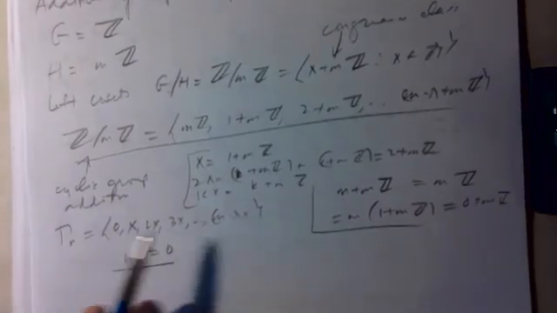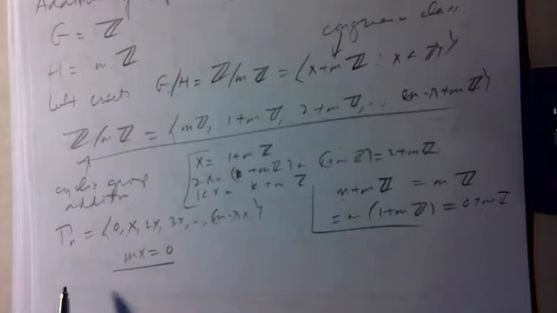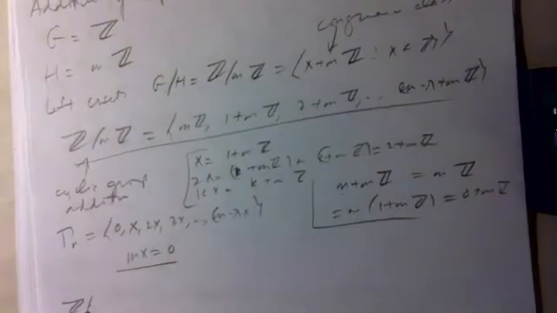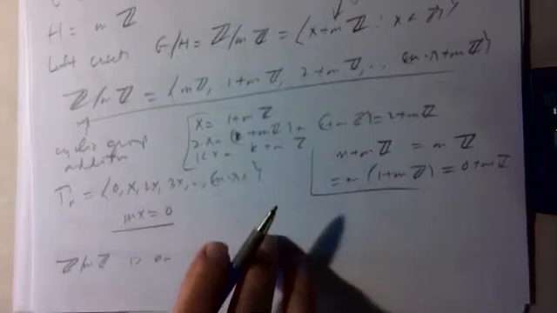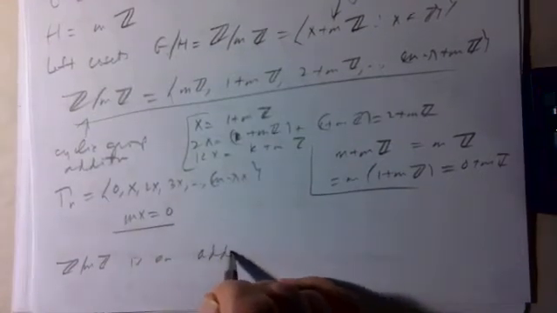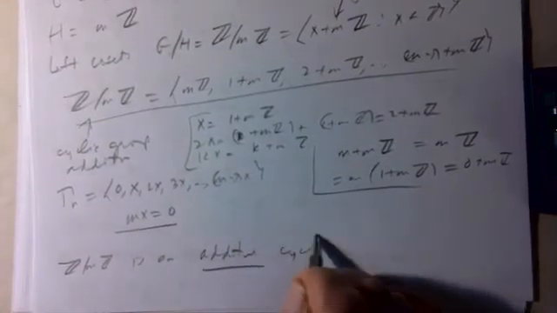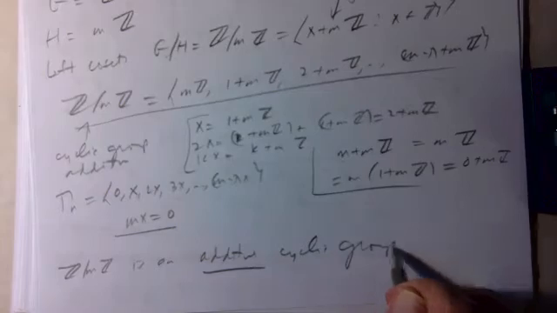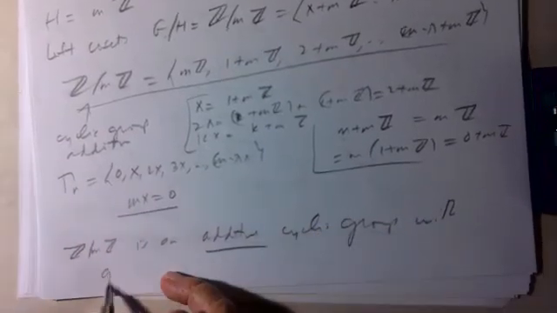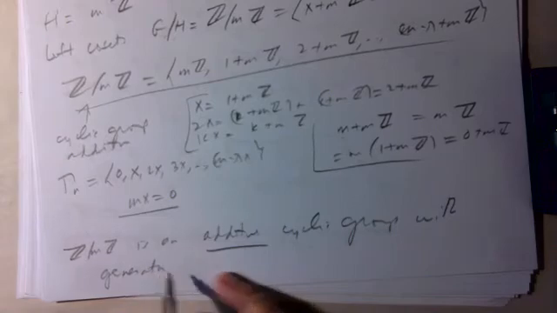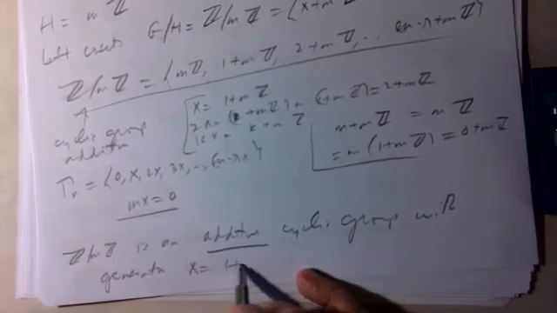So the set of congruence classes is an additive cyclic group. The thing we're taking the multiples of is called a generator, with generator x equal 1 plus mZ.